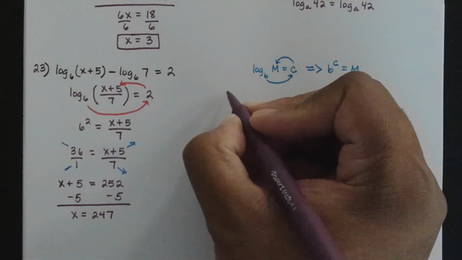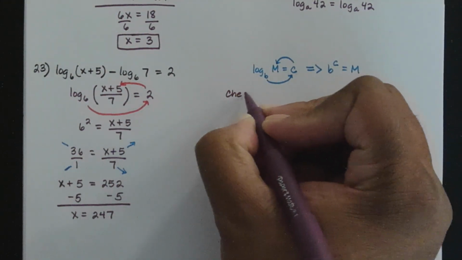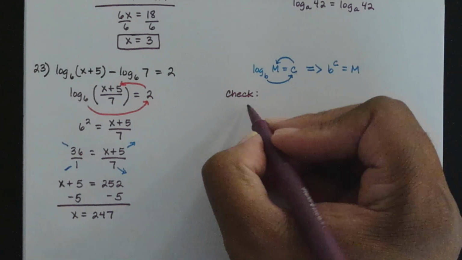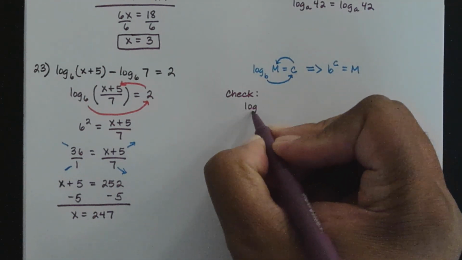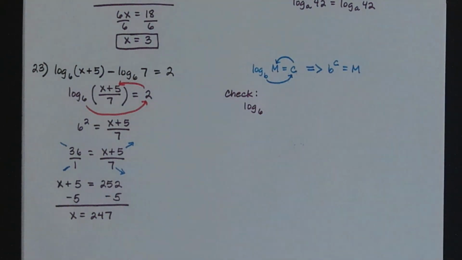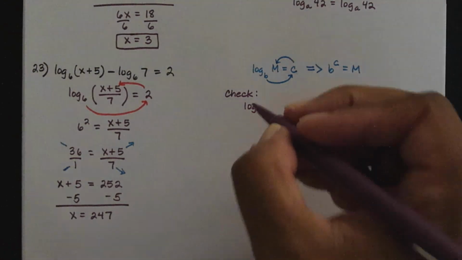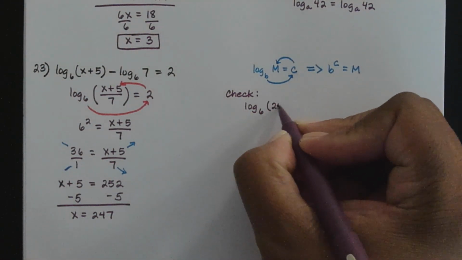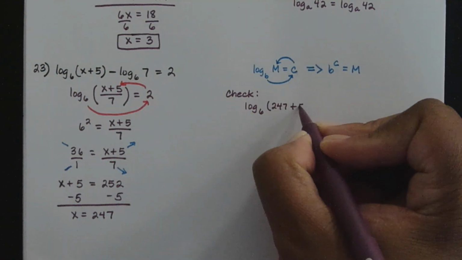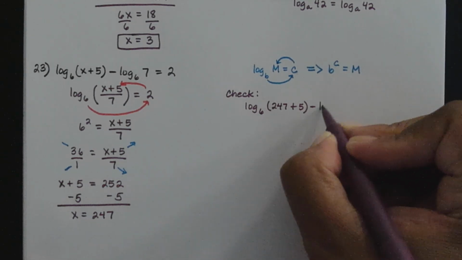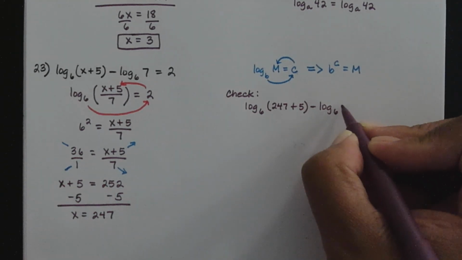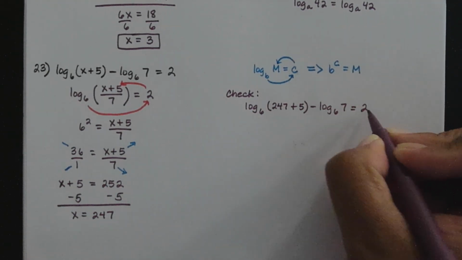But of course, we need to check our proposed solutions here. Using the original equation, I'm going to replace the x with 247. So it'll be log to the base 6 of 247 plus 5 minus log to the base 6 of 7 is equal to 2.